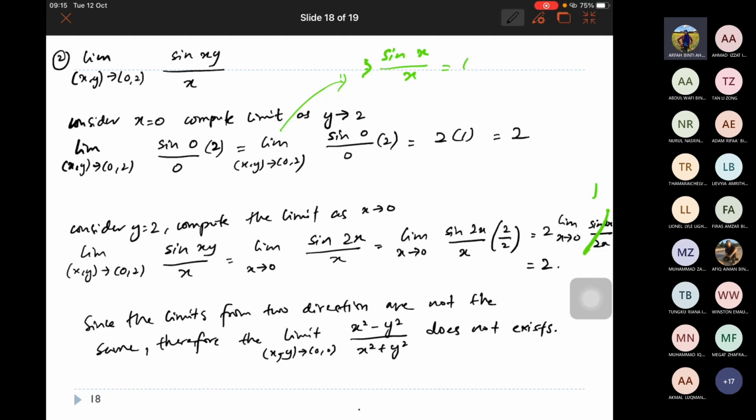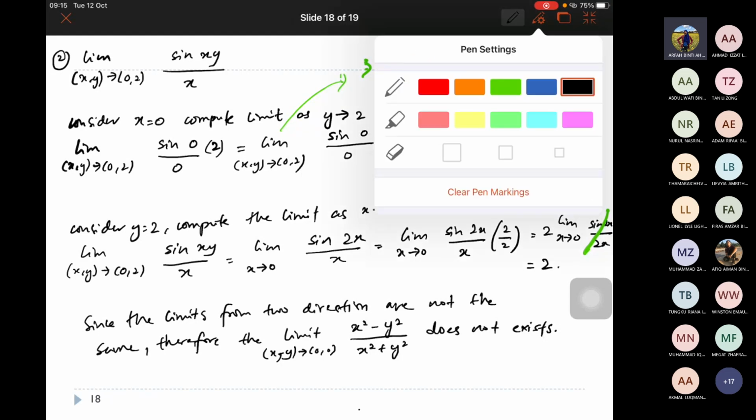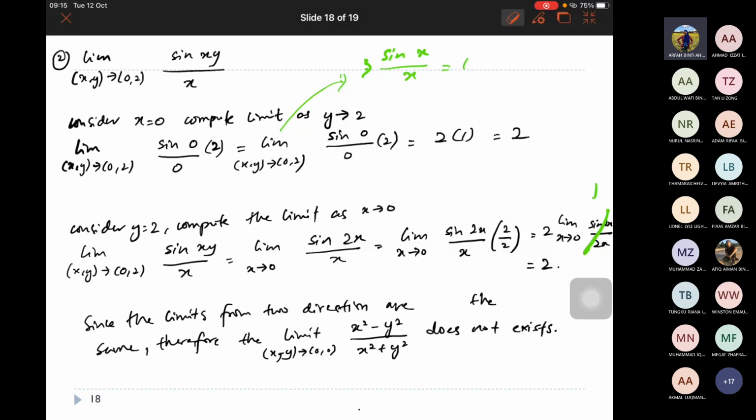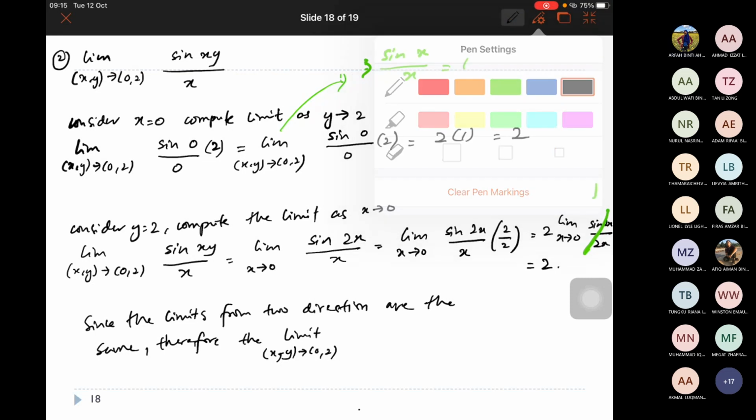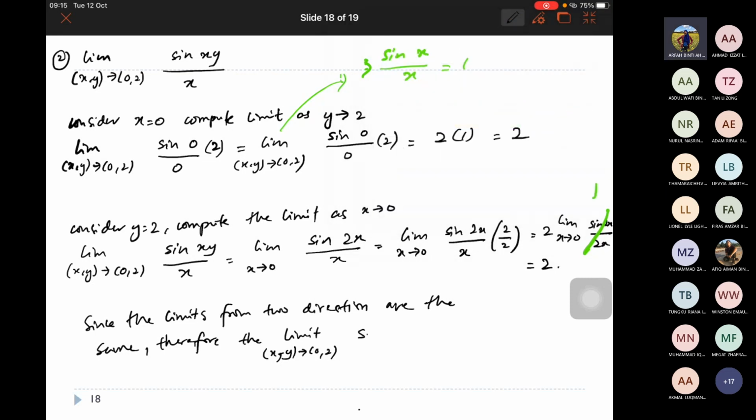So from here, since the limits from the two directions are the same, the limit of x, y approaching 0, 2 of sine xy over x exists and is equal to 2.